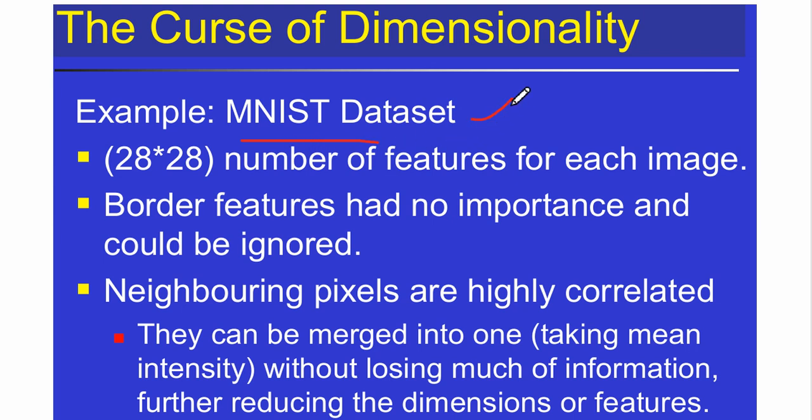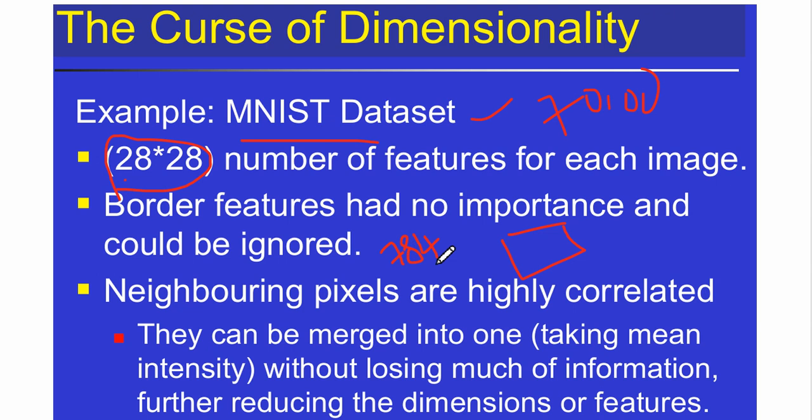In this MNIST dataset, we have around 70,000 images. Each and every image has a size of 28 by 28, that means 28 pixels in rows and 28 pixels in columns. That means 28 by 28 gives around 784 pixels.